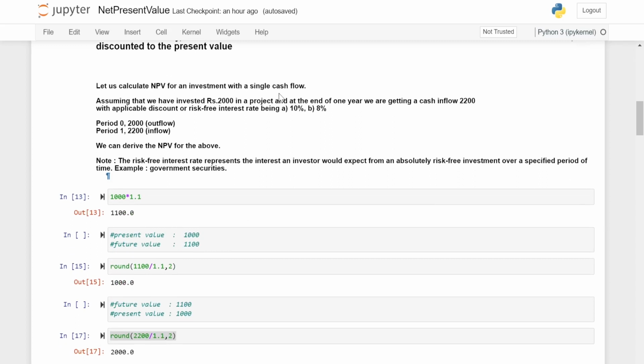There could be multiple cash inflows. Maybe the investment, that is the outflow of cash, will be once, and there will be multiple cash inflows in period 1, period 2, period 3, and so on. We have to calculate all cash inflows, derive net present value, and see whether the project is going to be viable or not.